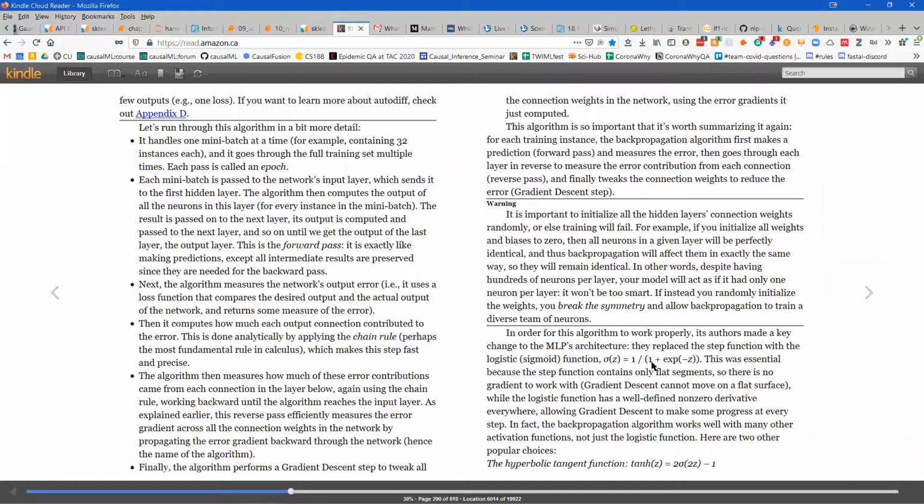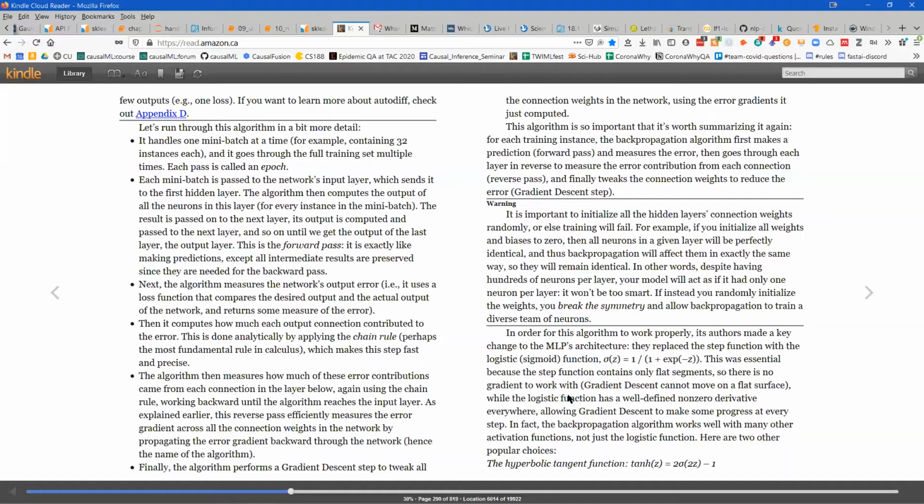Okay, and then he talks about this original paper in 1986, where they replaced the step function, which was what people were living with up until then, with the sigmoid function. So that was the first iteration of the development of these activation functions. And I guess the good thing about this is that it's an analog function, as Stephen pointed out. It's closer to the way the brain operates.